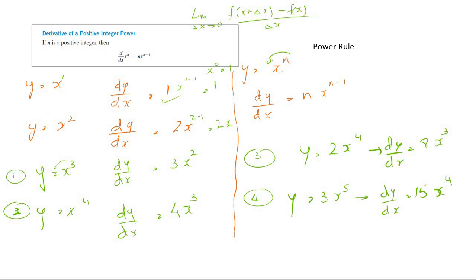Let's look at another example. Here y is equal to x to the power 3. So dy over dx is equal to, you multiply by the factor here, which is 1, so it's 3x, and 3 minus 1 is 2, so the answer is 3x squared. Now let's look at this one.